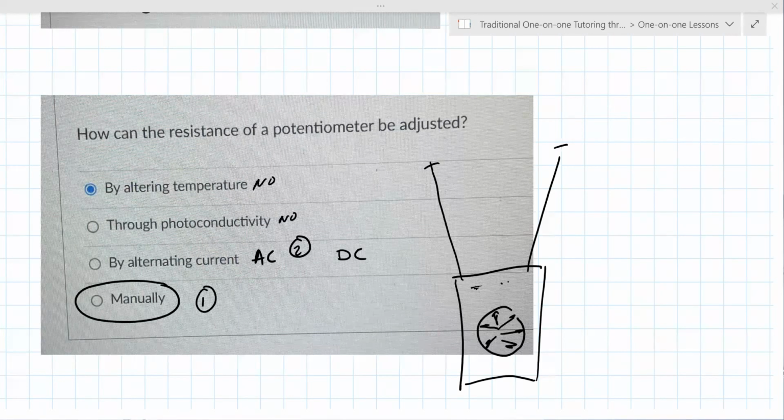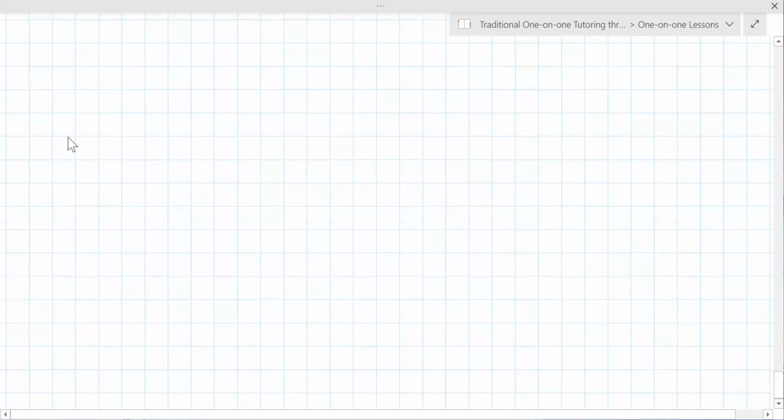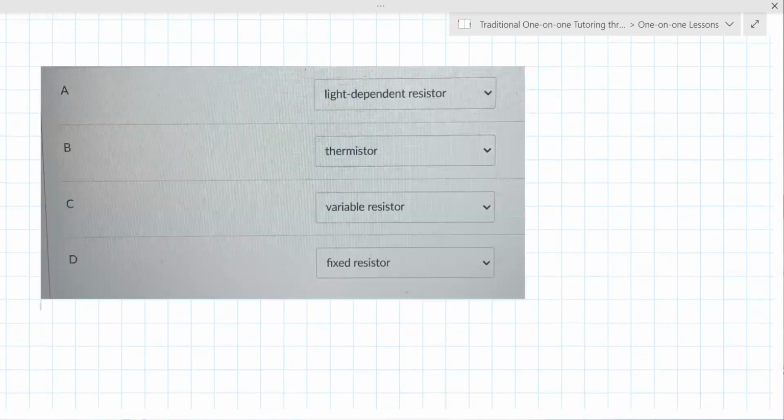Okay, so you've got this picture. To answer a question like this one, I would look in my book, or go out to the web and look up each of these and do a Google image search on them, which maybe you already did.